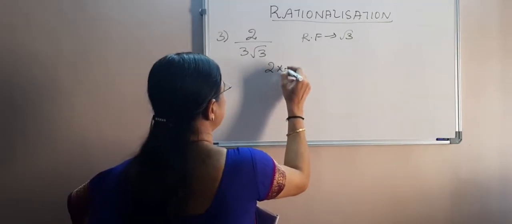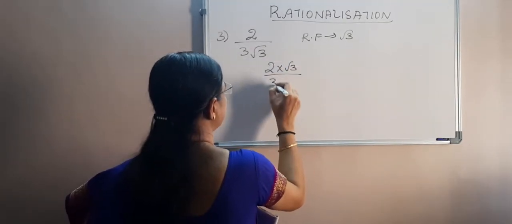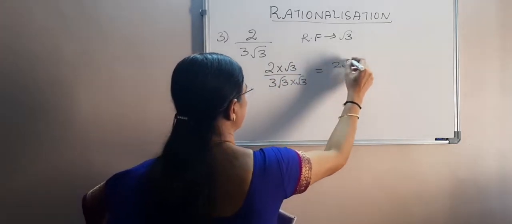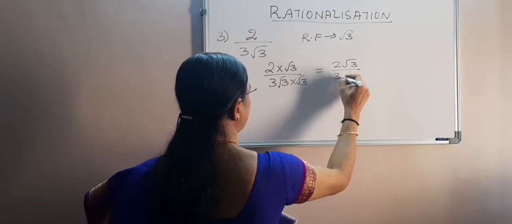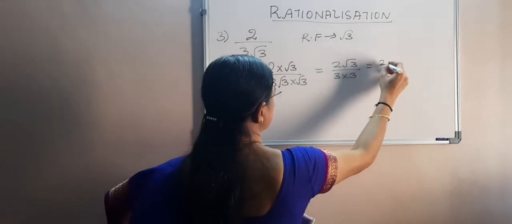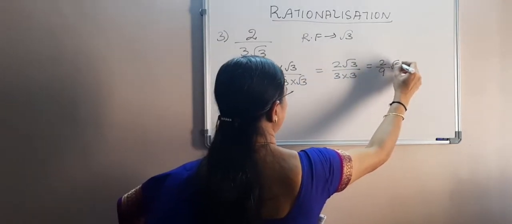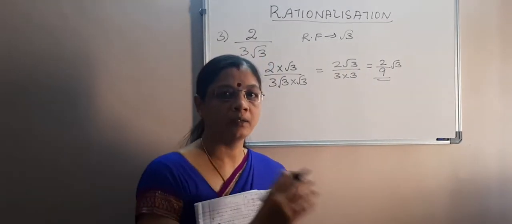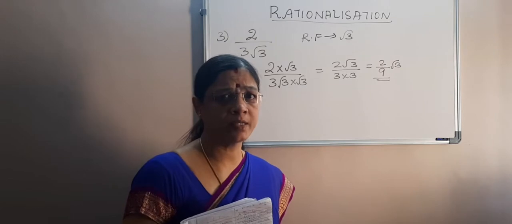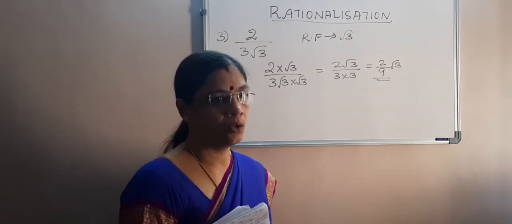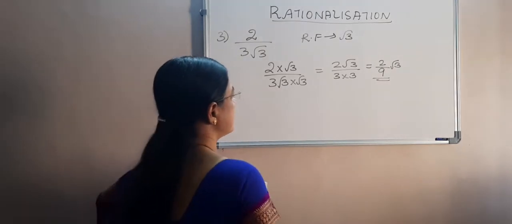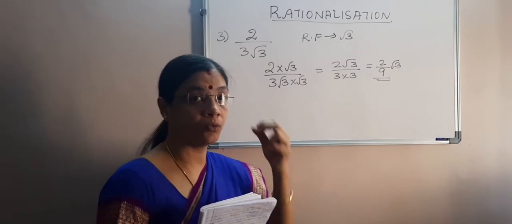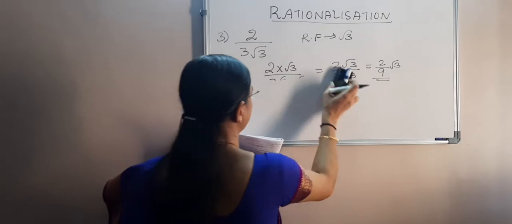So we multiply and divide by this irrational number so that we get 2 root 3 divided by 3 into 3. That is 2 by 9 root 3. If I can simplify the fraction, I can simplify it. Otherwise, I can leave it as it is because it is already in the lowest form. So this is how I rationalize 2 divided by 3 root 3. It has just a single irrational number.